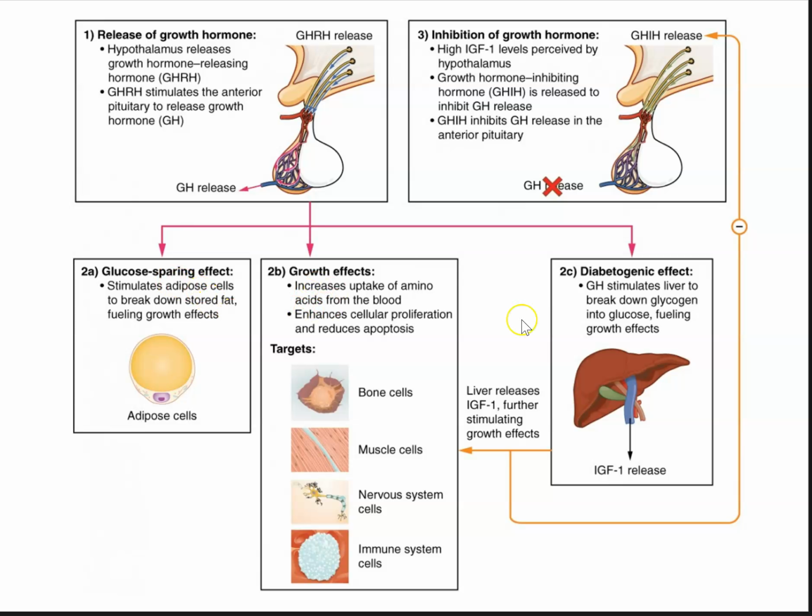When we have too much blood glucose, we in turn end up having too much IGF. When we have too much IGF, the signal is sensed by the hypothalamus, and the hypothalamus secretes growth hormone inhibiting hormone, and these inhibiting hormones inhibit the anterior pituitary lobe from secreting growth hormone.